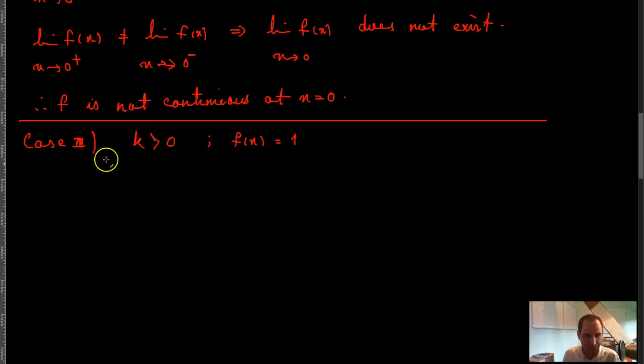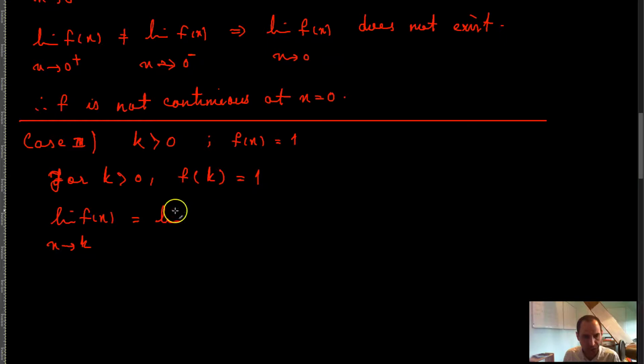That means that you can say for k greater than 0, then f of k is equal to 1, right? And then basically we have the limit of f of x as x tends to k is equal to the limit of 1 as x tends to k is equal to 1.